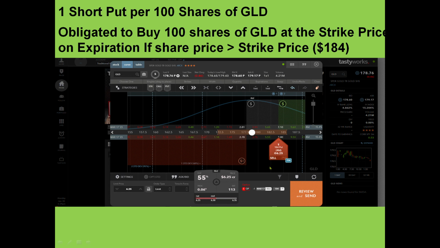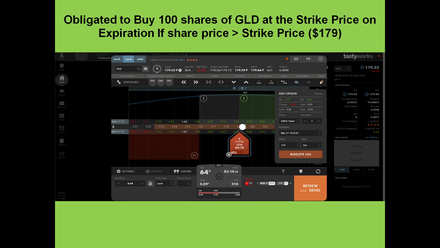The other way, where you want a balance between the strike price and the opportunity that it may get exercised, is to sell an at-the-money put. So for example, we sell the at-the-money $179 put here, and the delta is about 0.48, which is roughly equal to 0.5. So there's about a 50% chance that the GLD will stay below this strike price, and a 50% chance that it will go above it.